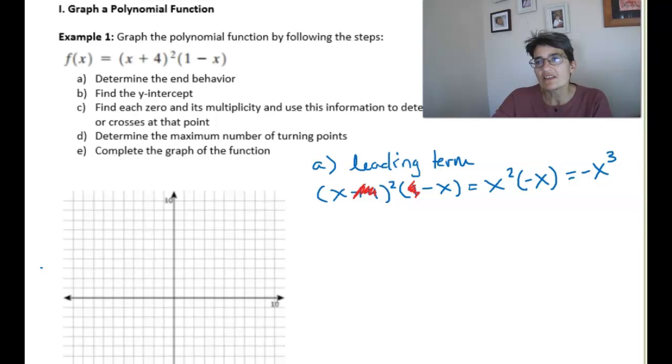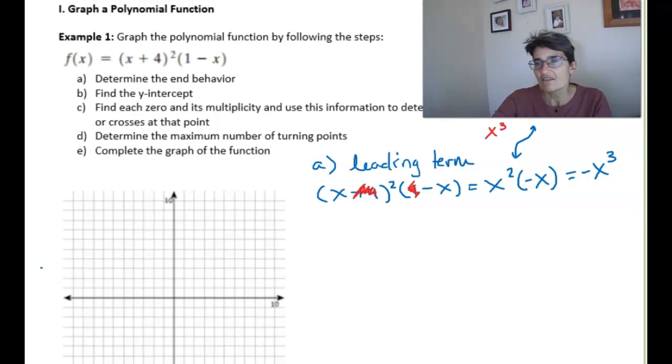What this tells me is that at the ends, for x is plus or minus infinity, our function is going to behave like negative x cubed. Like this power function, and because the coefficient is negative, it's flipped over. This is what x cubed looks like.